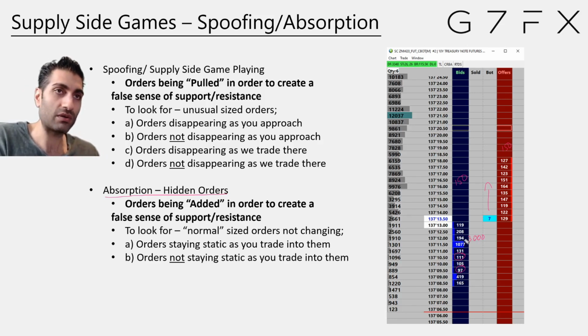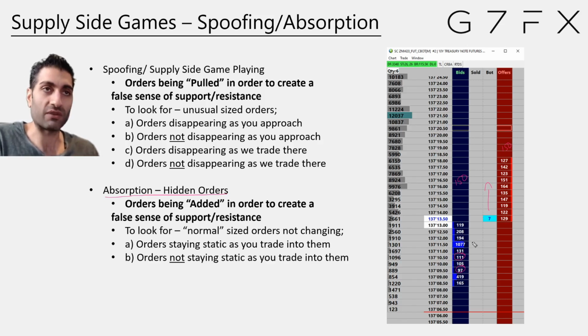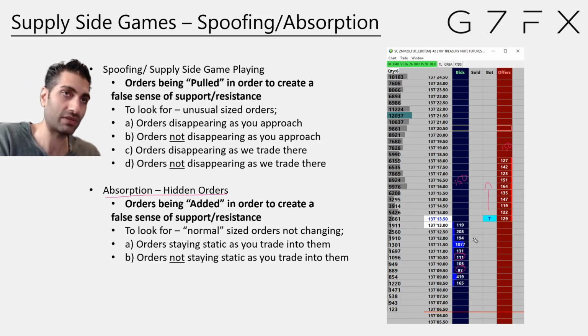Now, what I can do, and this is where absorption comes in, guys, is I don't want people to know that I'm interested in buying the market, because, well, obviously I don't want to get front run. I don't want the market to go without me. I actually want to get filled, don't I? And I want to hide my intent, guys.